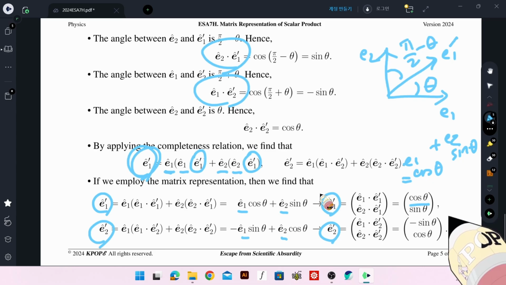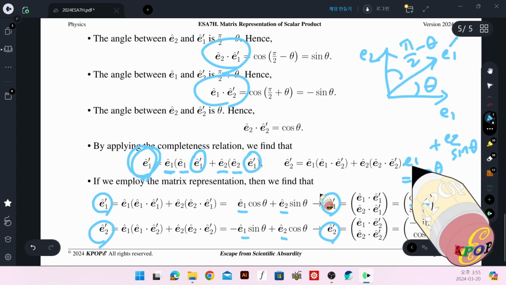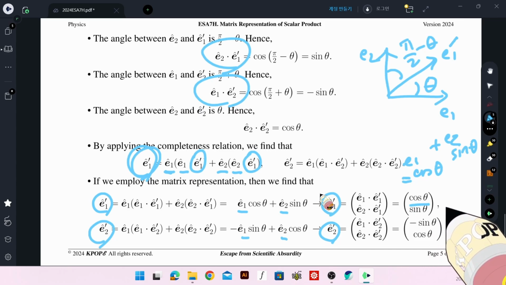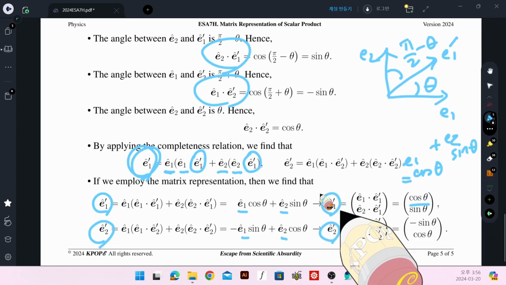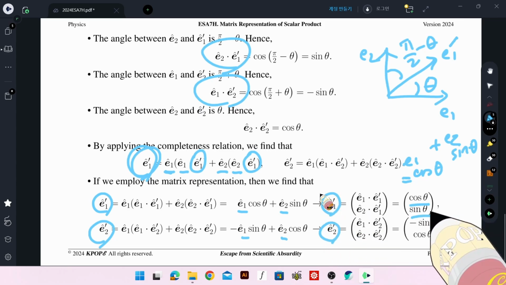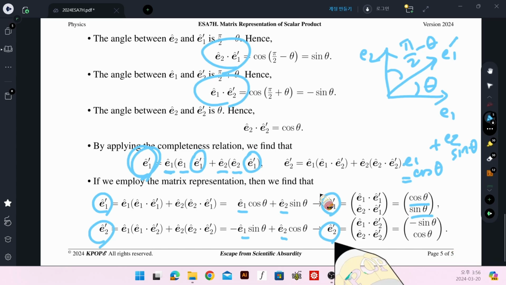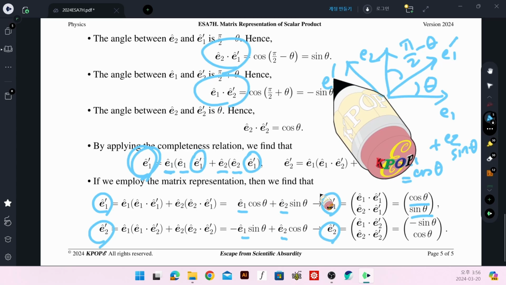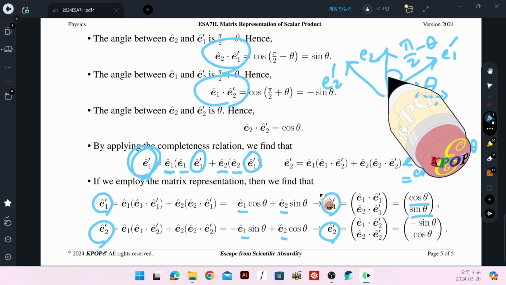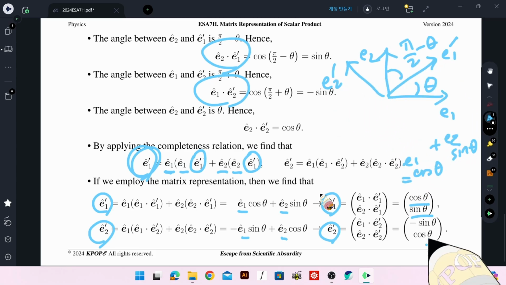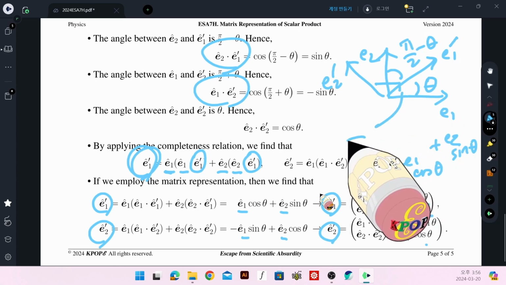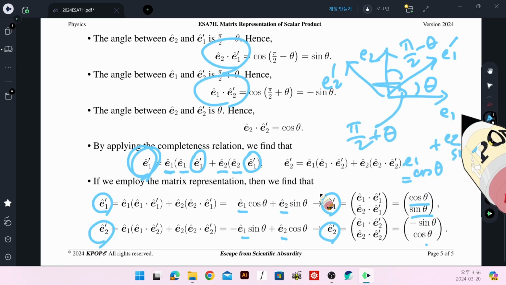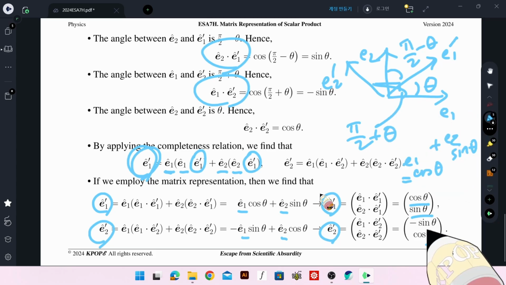That is the reason why the matrix representation in the original basis E1 and E2 to express E1 prime is this. In a similar manner, E2 prime can be expressed with cosine times E2, and this angle is half pi plus theta, so it has a negative sine times E1.